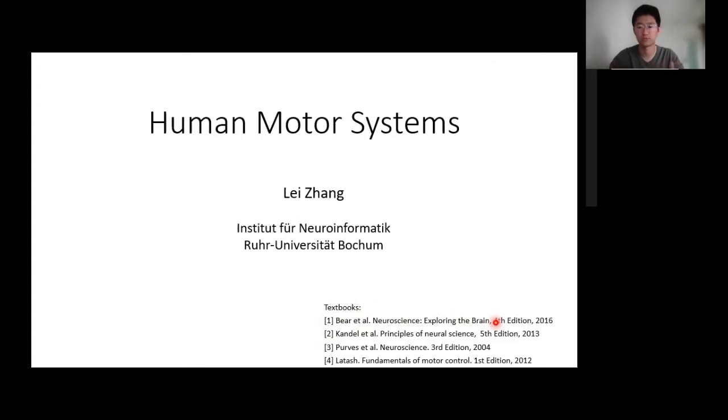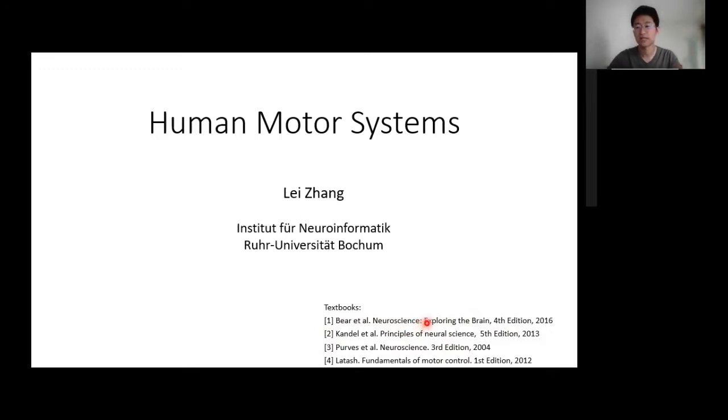It's very easy to read, and I've really enjoyed reading it. The second is by Kandel, Principles of Neuroscience. This is a more advanced textbook, containing more details and much deeper knowledge. The third one is more complementary, so less important. Many of the figures in my lecture are taken from the Bear neuroscience textbook.